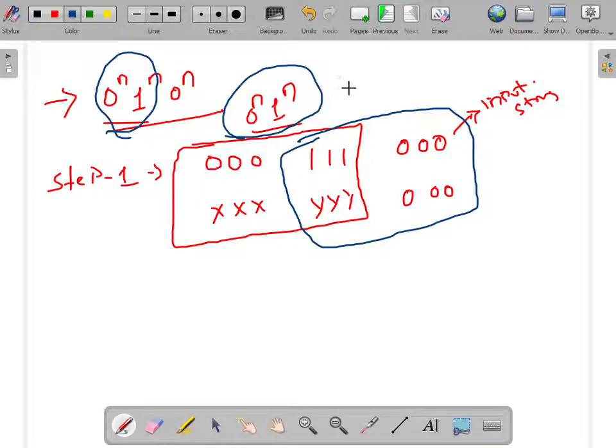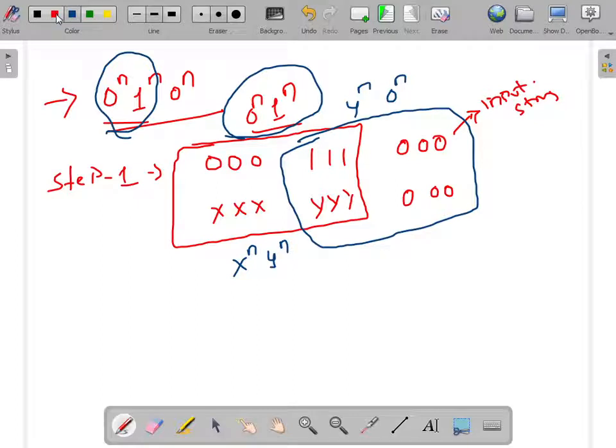It will be y power n, 0 power n, and for the first part you can write x power n, y power n. This is step 1.